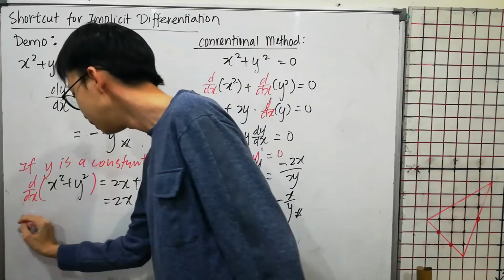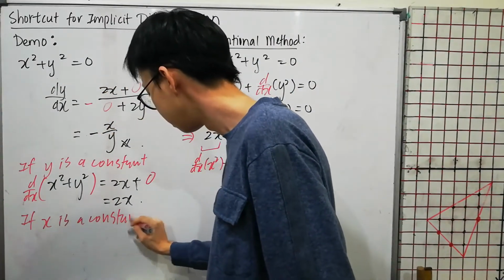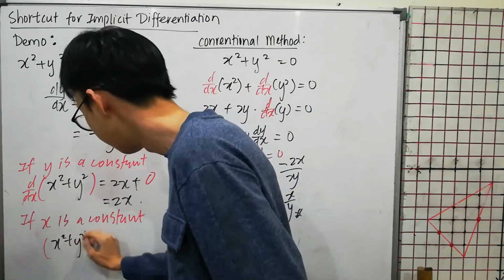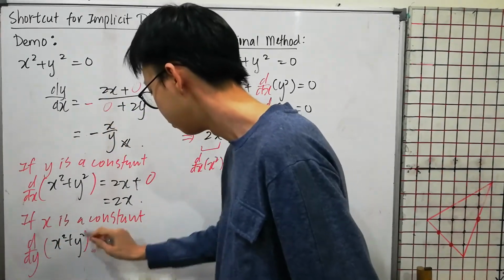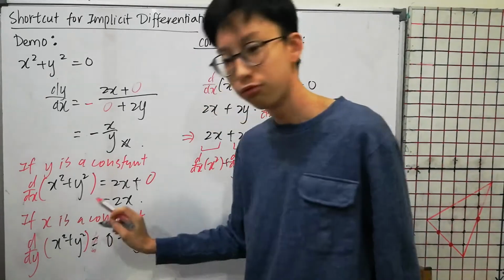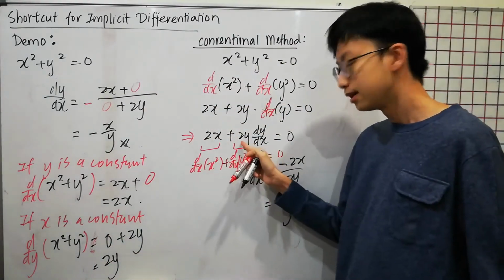Then on the other hand, if x is a constant, then same thing, I will differentiate it with respect to y, then we will get 0 plus 2y, which is 2y, and this is the same as this part.